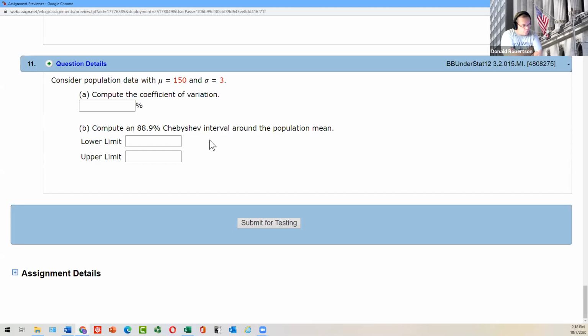One, 2, 3, 4. Not a lot of choices. Definitely don't pick one. I did it 5 to 10 minutes ago. What K value came up with a 88.8, 88.9 kind of number? What K did that? 3. Yeah, that's what I'm looking for.